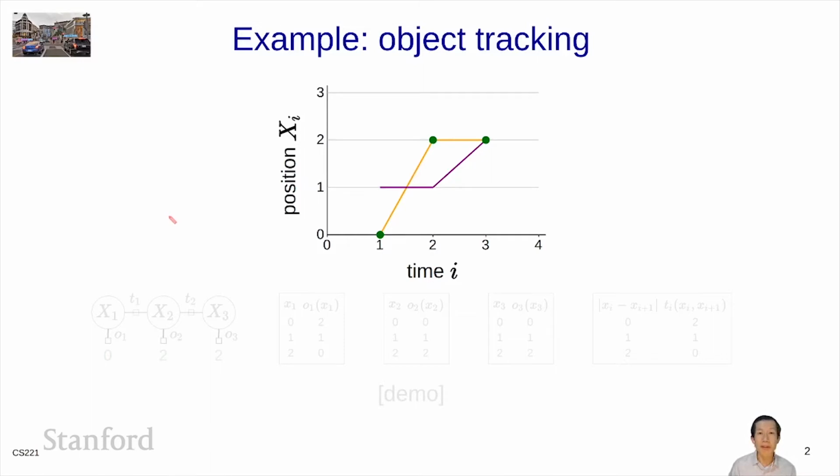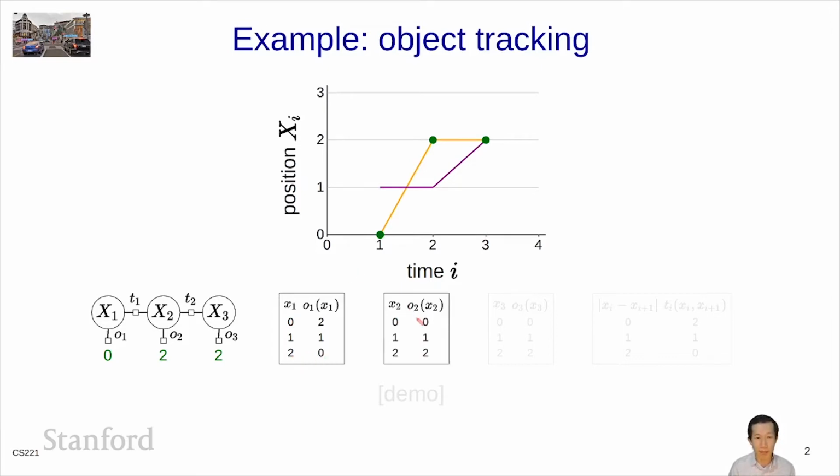We modeled this problem as a CSP with x1, x2, and x3. We defined factors that captured our intuitions about the problem. O1 captures the fact that the actual position should be close to the sensor reading. So 2 is the weight assigned to 0: x1 equals 0 is favored, and x1 equals 2 is disallowed.